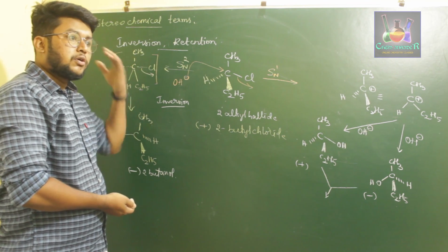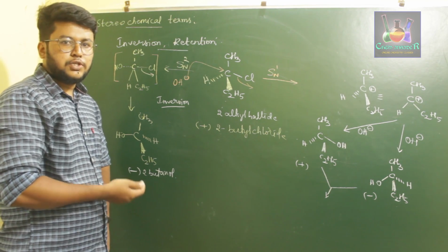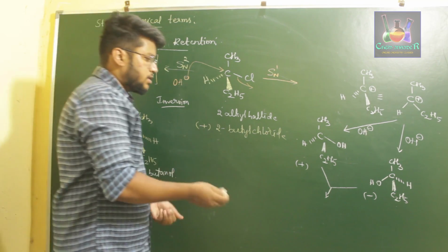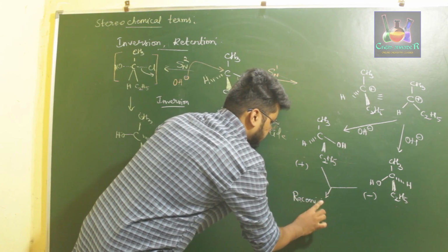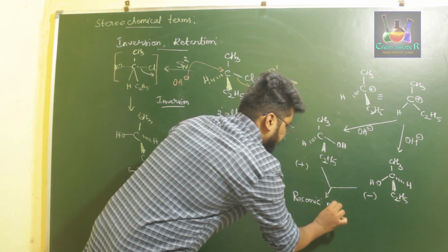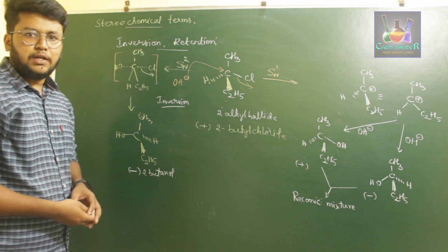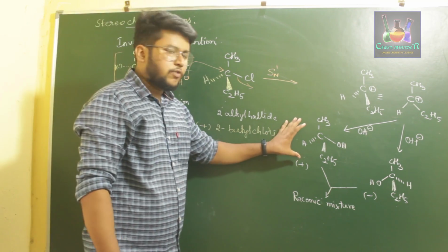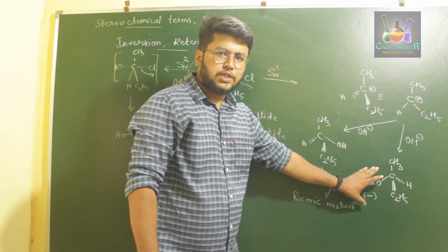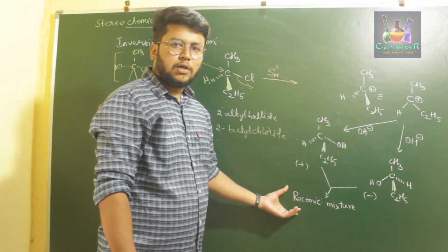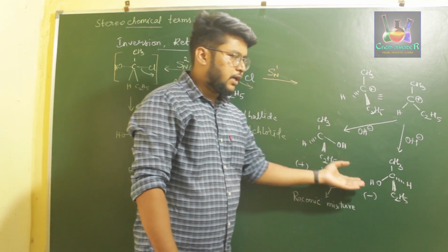The third product is a composition of both D and L isomer in 50-50 composition, which is nothing but the racemic mixture of two optical isomers. So it can form complete retention in configuration, or inversion in configuration, or in the third case an equal amount of racemic mixture of D isomer and L isomer.